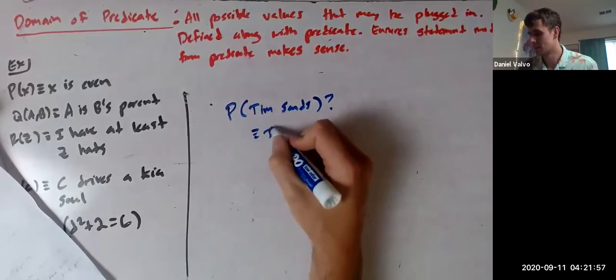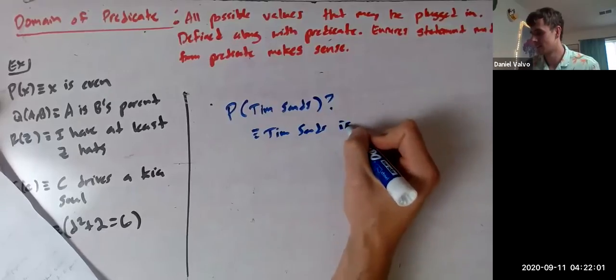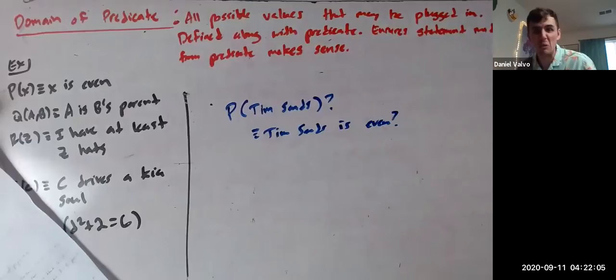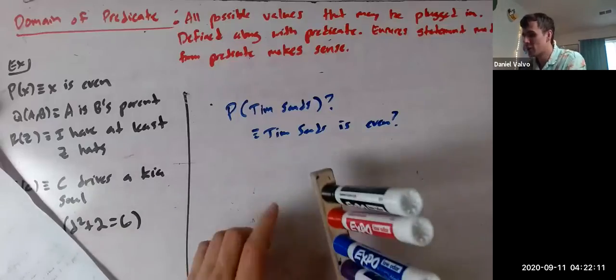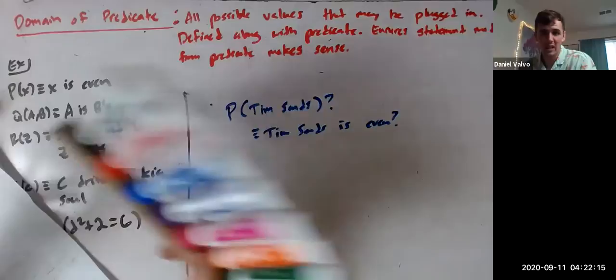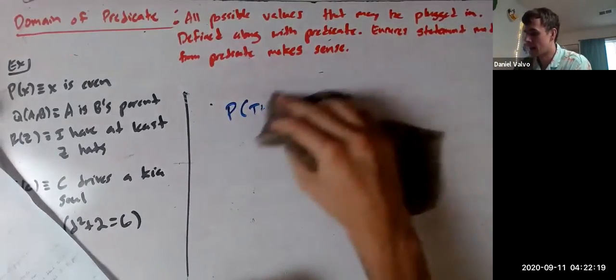That means Tim Sands is even. He's even what? What does that mean? It doesn't really mean anything, right? So you can see how you need a domain just to put some restrictions on what you can plug into X. It's just a restriction on what you can plug into X, and it's made up by us.